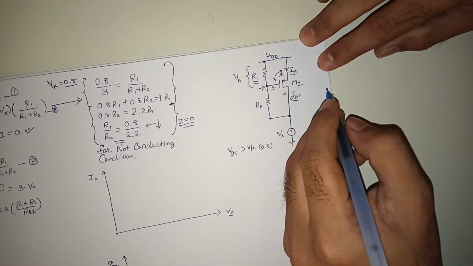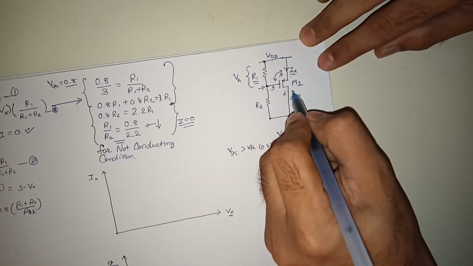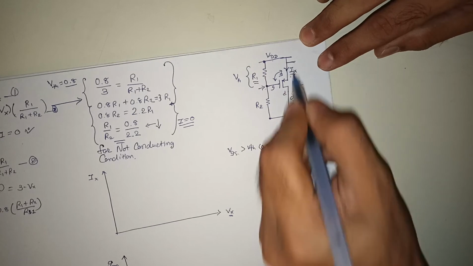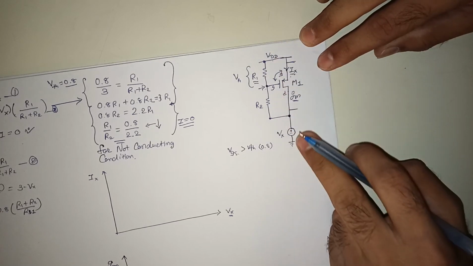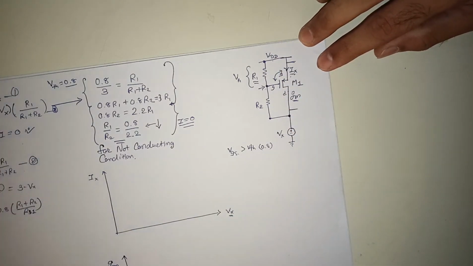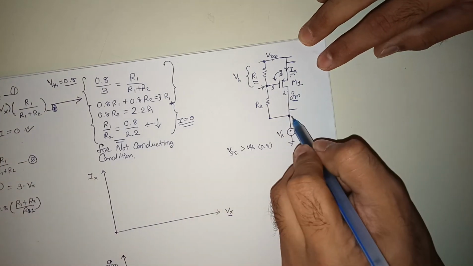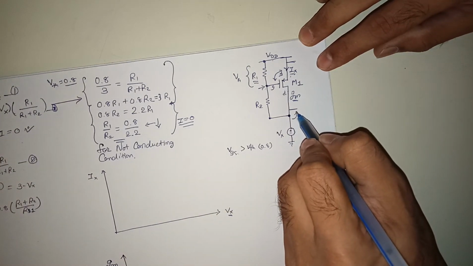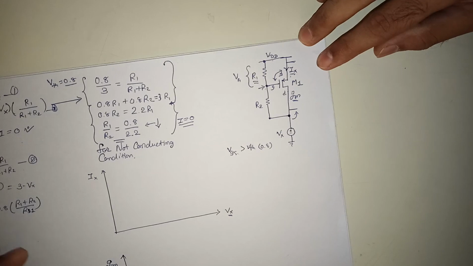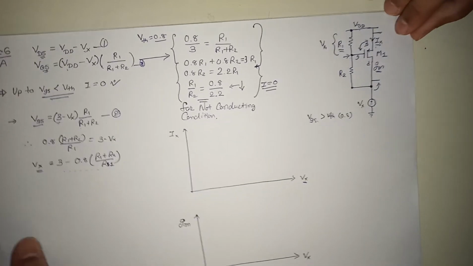So here VDS is this potential minus this potential, that means VDD minus VX, as you already saw.